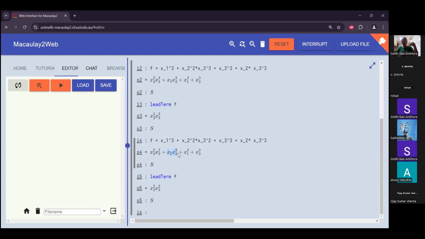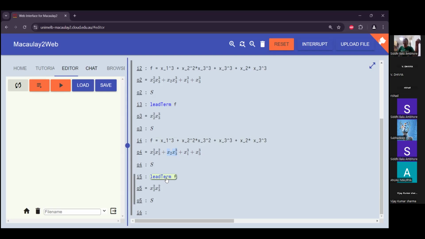So the last variable, x3, when it has the least power, becomes the highest. Thank you, this is what I wanted. So in lexicographic order, when the degree is the same and the least indexed variable has the highest power, it becomes largest. But in graded reverse lexicography, when the highest indexed variable has the least power, it becomes the largest. That's what happened in this case also.